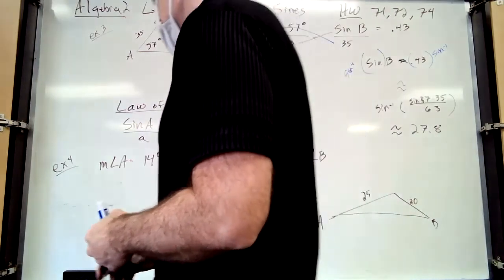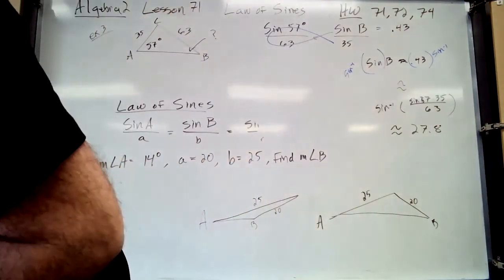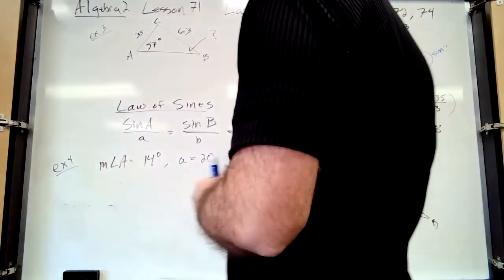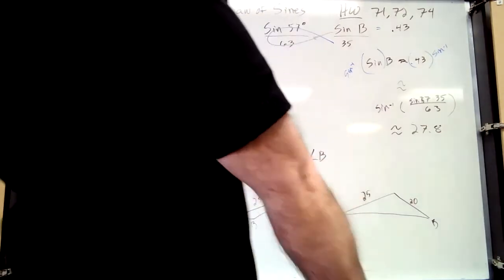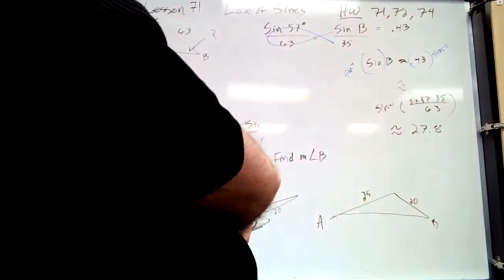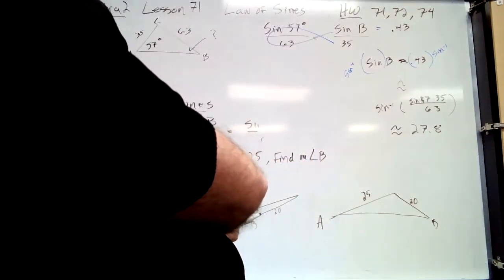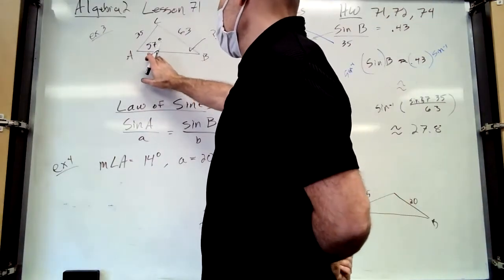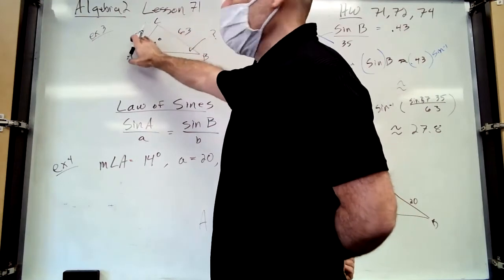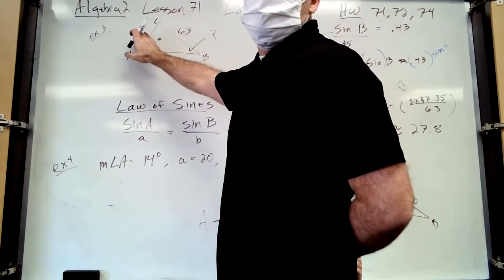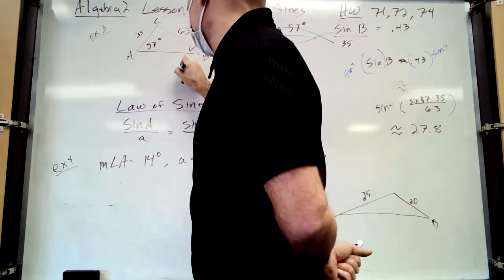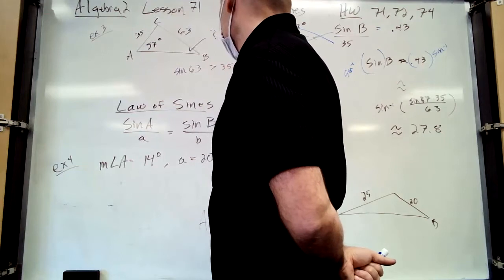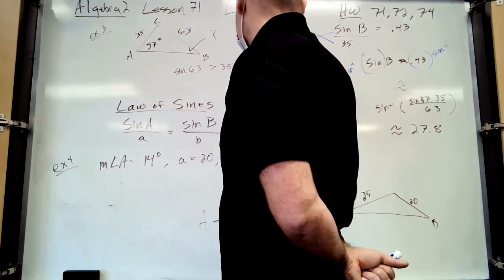All right. So here's the deal. There's two possible answers. So you have to kind of go through that. Now, the shortcut to determine that is the angle opposite of this side. The given angle 63 is more than the other side. Okay, so since 63 is greater than 35, then there's only one triangle.